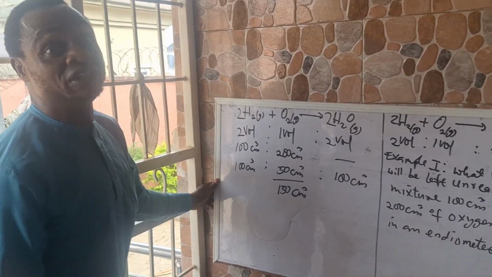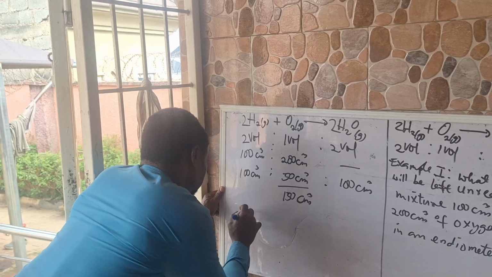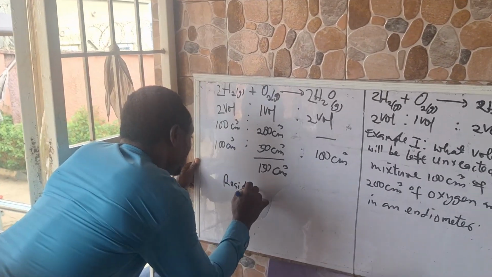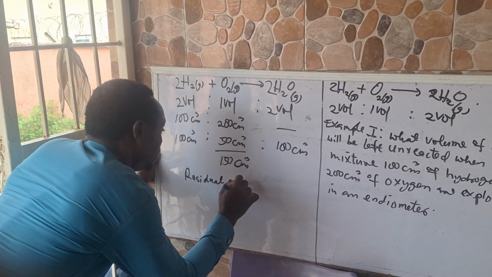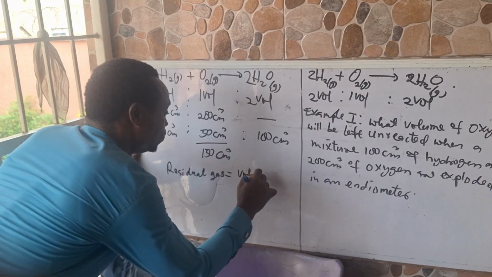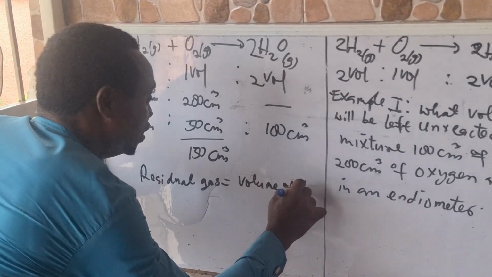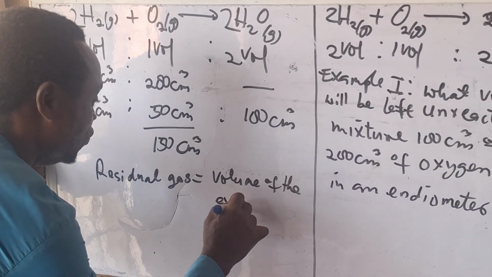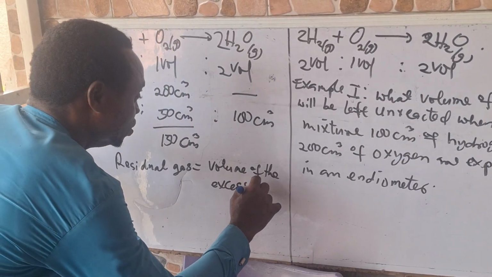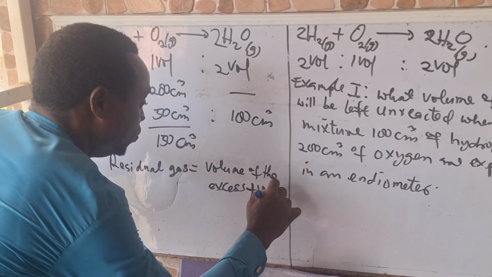So you can go ahead. Imagine I'm asked to find the volume of the residual gas. And I say volume of residual gas is equal to volume of the excess gas, which we have gotten on the board as 150 cm³, plus volume of the product.